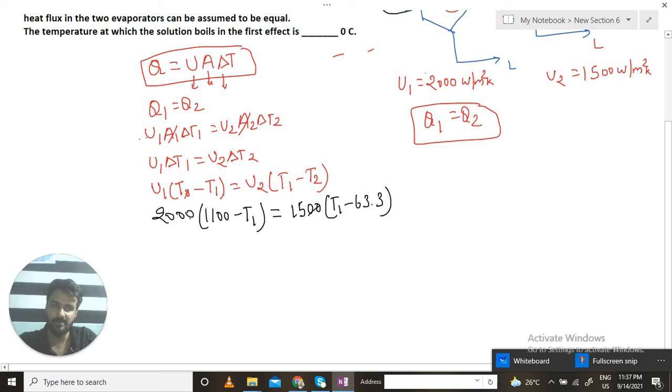If you want to cancel, you can cancel by 5, 4 and 5, 3. So 4400 minus 4T1 is equal to 3T1 minus 188.9.